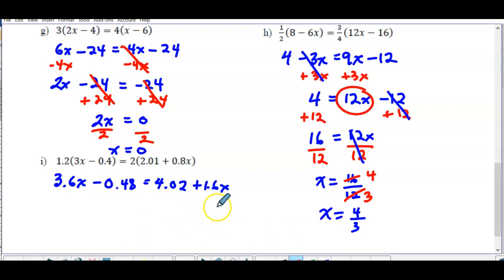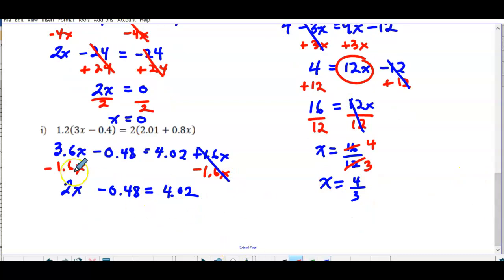Then getting the x terms together, this one's the smaller one, so I'm going to subtract that, 1.6x, from both sides. That goes to 0. 3.6 minus 1.6 is 2x minus 0.48 equals 4.02.